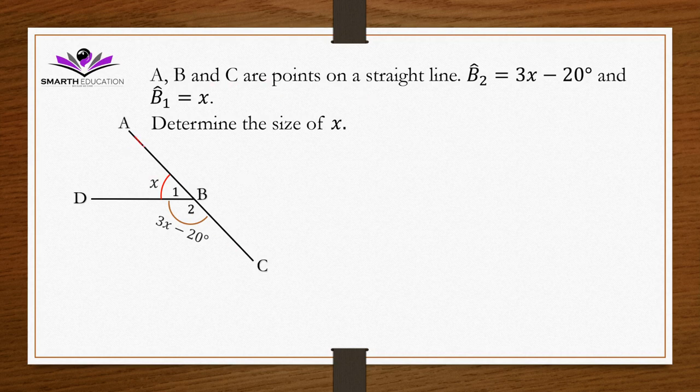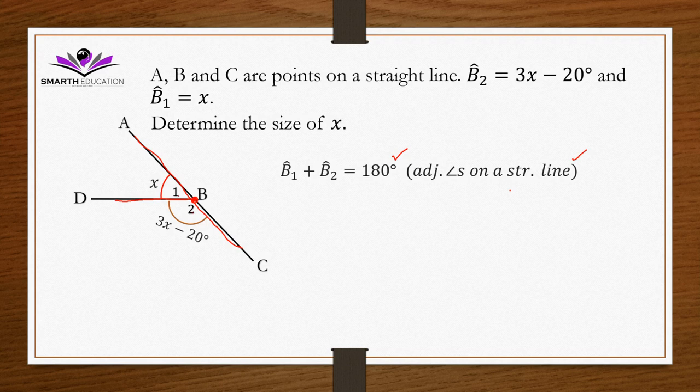We have our common vertex for these two angles, B2 and B1, and we have our common arm here. Do you see we're forming a Y shape? B2 and B1 are adjacent angles on a straight line, so if we add them, they must give us 180 degrees. Statement and reason: B1 plus B2 is equal to 180 degrees. We have our statement, we have our reason.